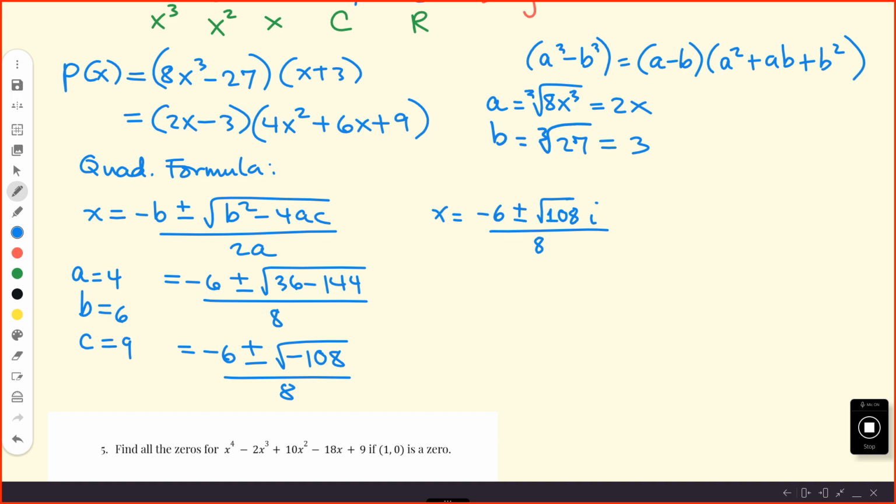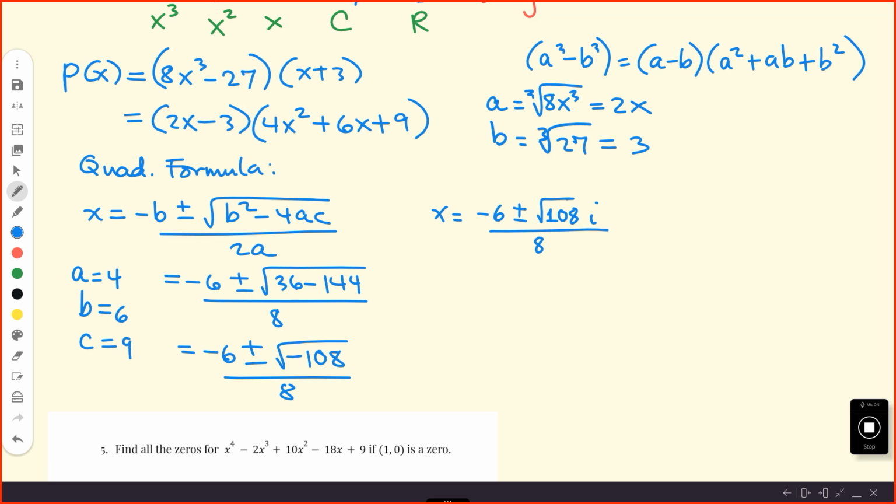Yes, because 36 is a perfect square. We're trying to find the largest perfect square that can divide 108. We can use 9, but then we can still factor out the other number, 12, so we have to use a bigger number, 36.